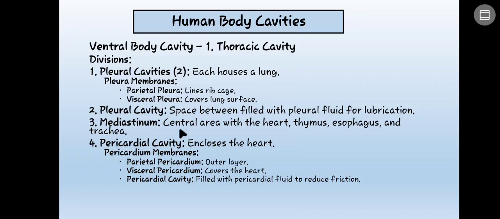Within the mediastinum, just as with the pleural membranes, we have membranes that line the pericardial cavity. We have the parietal pericardium, which lines the inside of the pericardial cavity, and the visceral pericardium, which covers the outermost surface of the heart before it lies in the parietal pericardium. Then we have the pericardial cavity, which is filled with pericardial fluid to reduce friction.